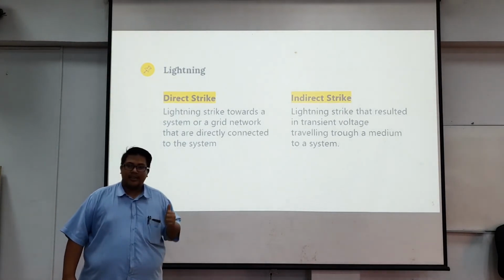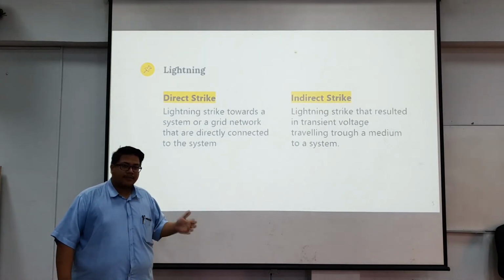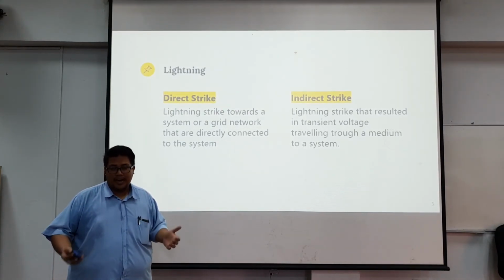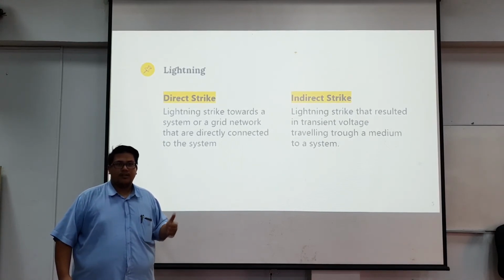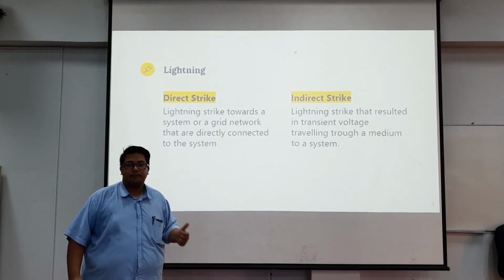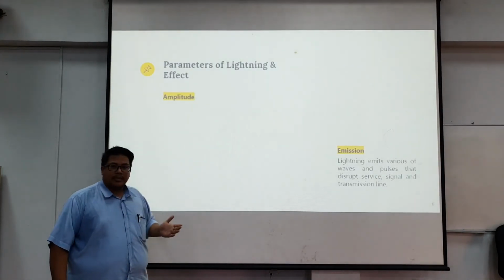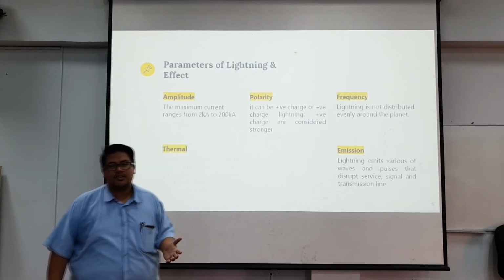An indirect lightning strike occurs when another system is hit, but it produces EMI, electromagnetic interference and emissions, that cause other systems to be affected by that strike. Therefore, today we are going to talk about the parameters of lightning and its effect on the system.